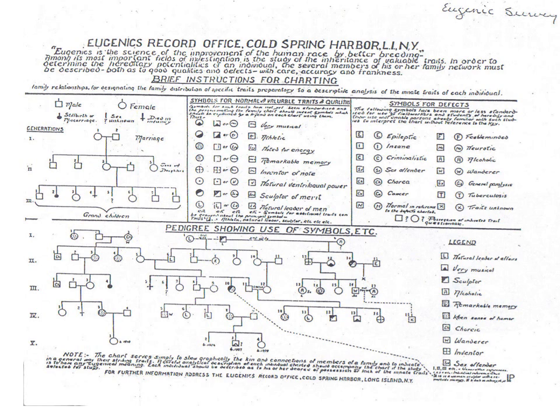Maybe they're loud speakers. I have no idea what ventriloquial power means. I didn't know that being a ventriloquist was something that was of merit. Sculptor of merit, artist, natural leader of men. All of these things are valuable and normal traits.